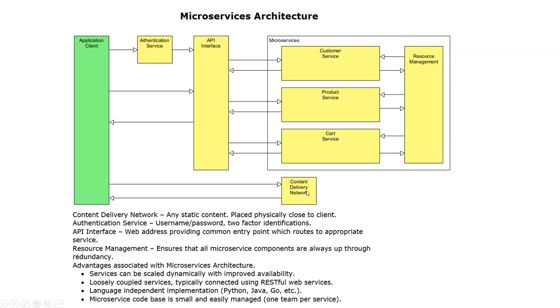Now the content delivery network is placed physically close to the client. So it provides for a lower latency when accessing that content, so it improves the performance of the application. That's the only reason for employing a content delivery network. And there are many different companies that can provide that for you if that's what you're after.